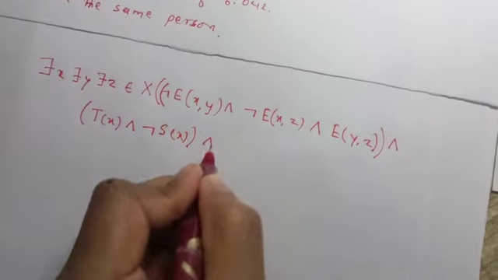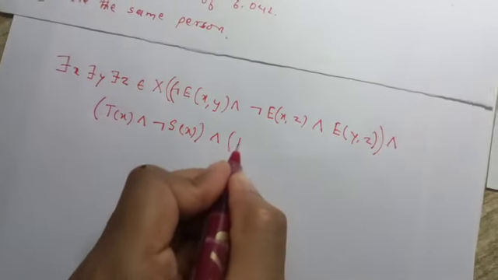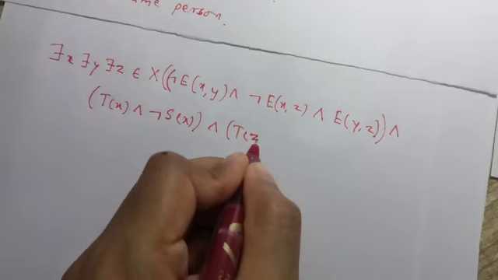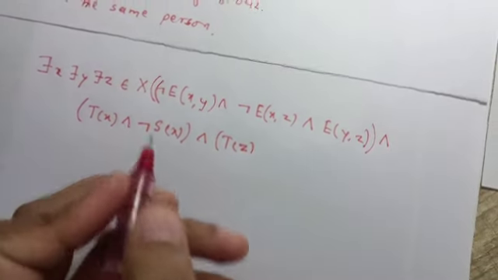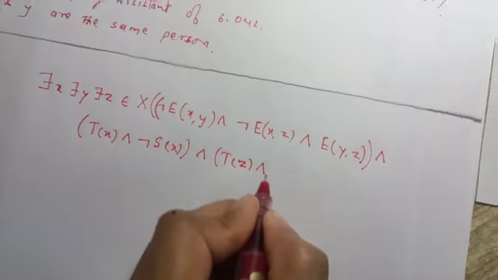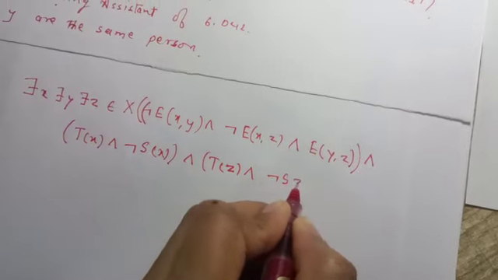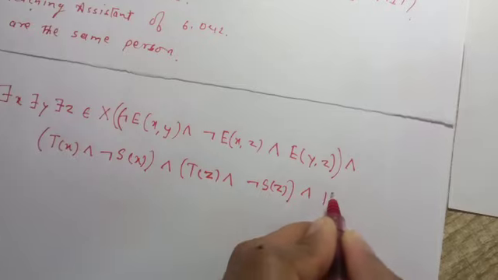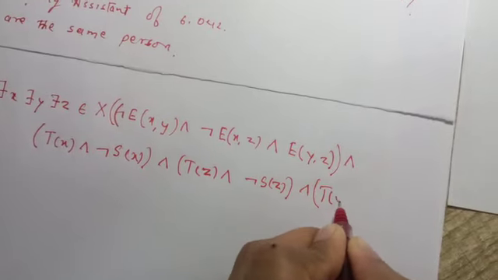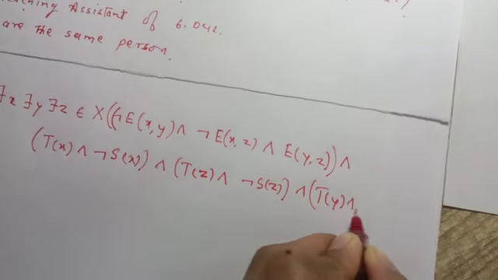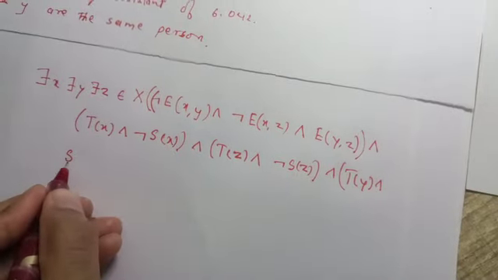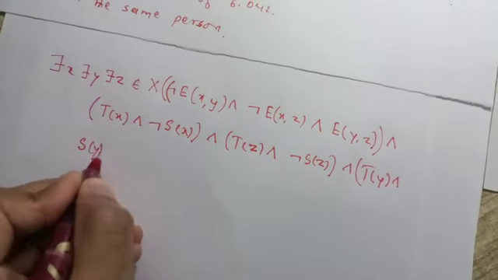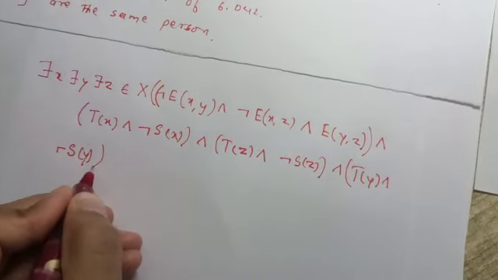So here we've done this for X, we also need to say the same thing for Y and Z. So I accidentally wrote Z here first, so I'll just go for Z, then I'll do the same thing again for the last variable, that is Y. I'm going to write here Y, T of Y and not S of Y, right?